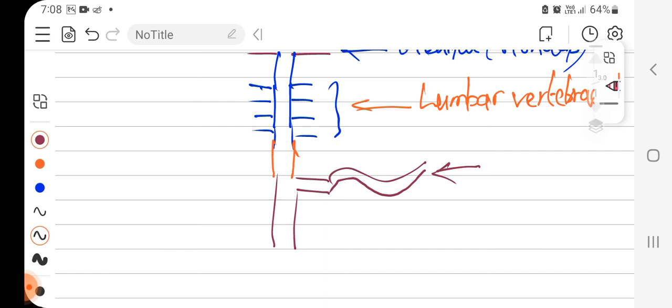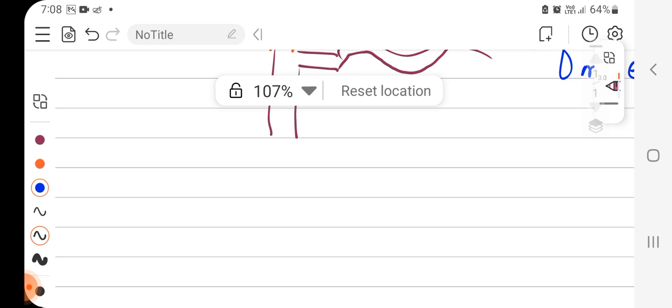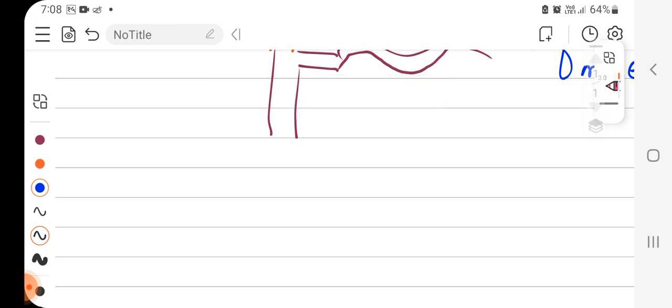This is the inferior mesenteric. Then now downside.